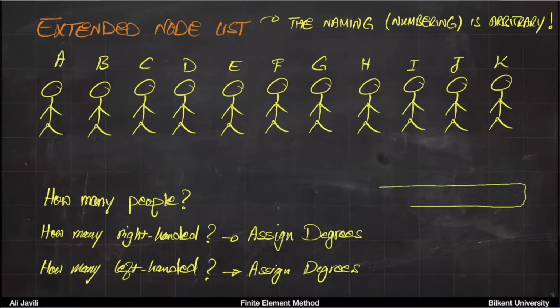And then we want to assign these degrees such that we end up with a queue that looks like this. Let's say you have all the people, and we have more right-handed people than left-handed people. We want this queue to be split into two parts.